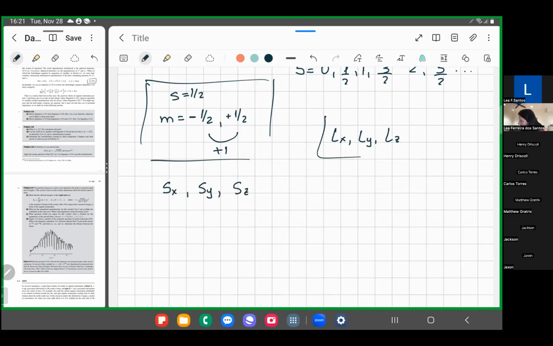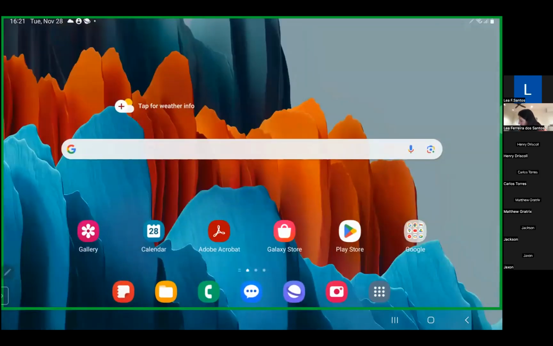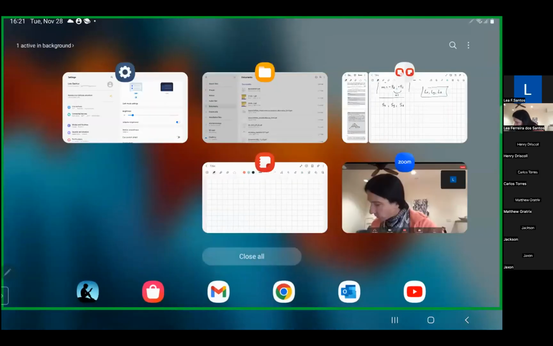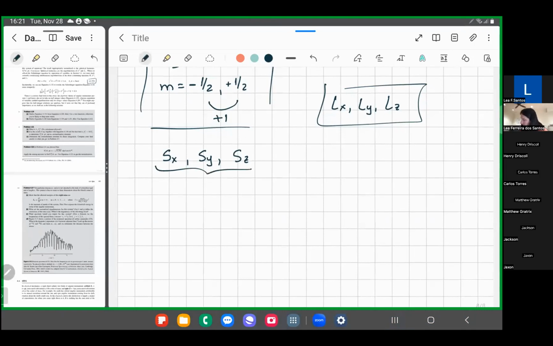The same thing that we learned for the orbital angular momentum, we'll be using now for the spin. What does that mean? The commutator between Sx and Sy, we are not going to be deriving. We are just going to be using that they do not commute, and it should be i h bar Sz.